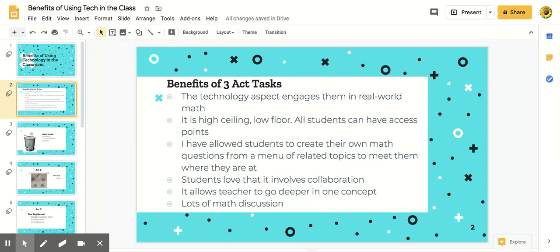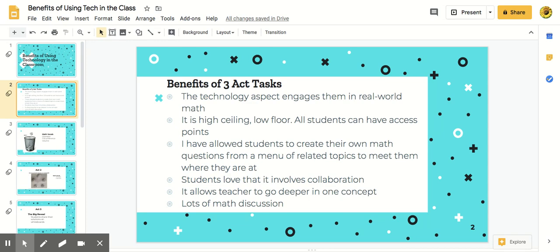What I absolutely love about 3-Act tasks is they really engage students, and as soon as students see a visual or a video as part of the first act, they are immediately engaged in a real world problem, and they don't always see it as math, so it immediately reduces their anxiety.